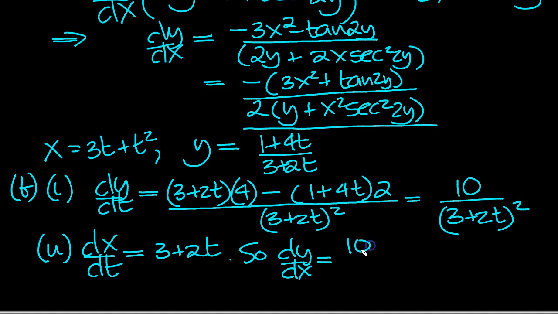So it'll be 10 over (3 plus 2t) squared, divided by dx/dt, which is this. So that just changes that to a cube, because you divide by another 3 plus 2t. Okay, that's dy/dx then, 10 over (3 plus 2t) all cubed. Right, it doesn't look like that simplifies further, so that's dy/dx then.